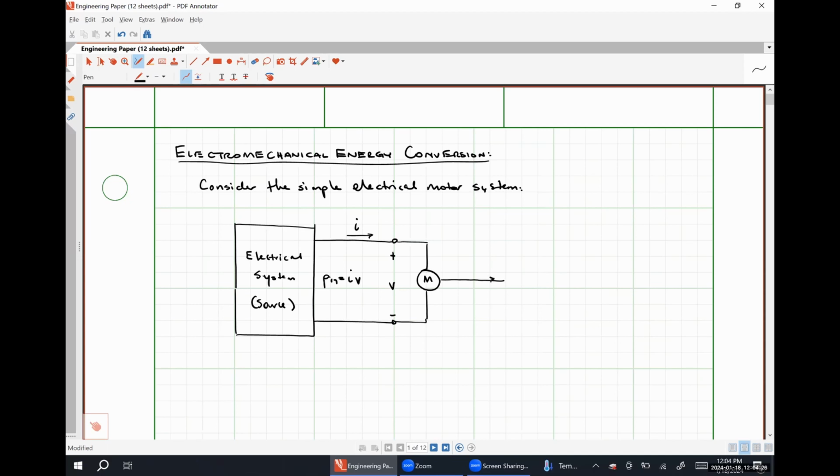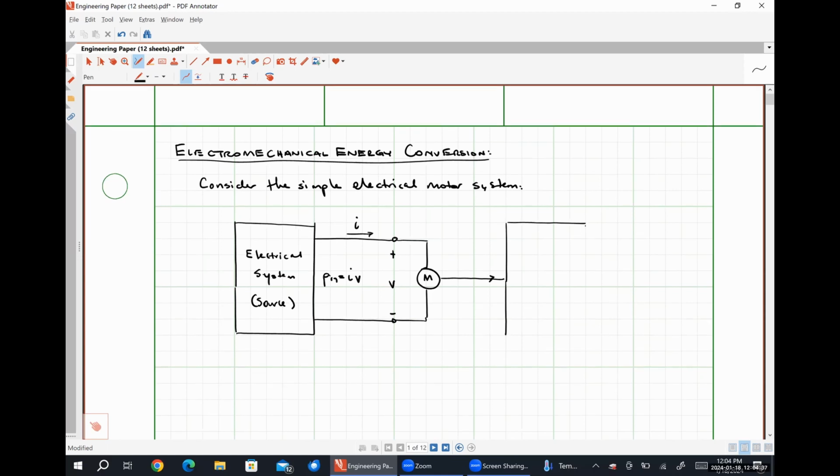And this shaft is connected to our mechanical system, which will be considered the output or the load. So, let me write here, shaft.